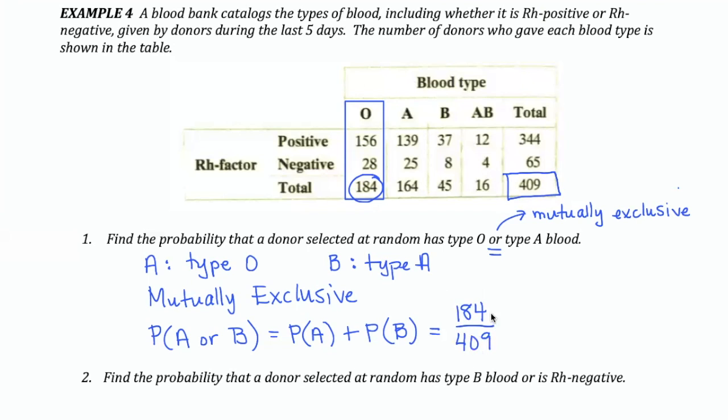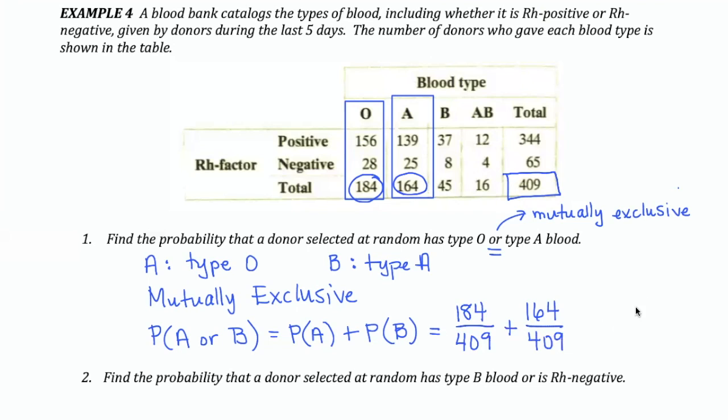So that's the probability of being type O. Now I'm going to do the same thing, but for the probability of being type A. So I'm going to go to the type A portion of the chart. I'm going to look at how many people total were type A donors, which is 164. And that's again out of 409.